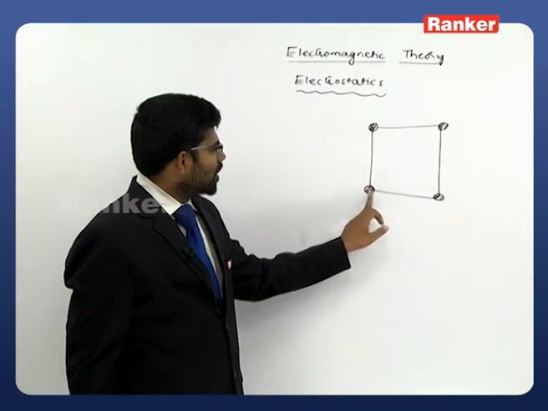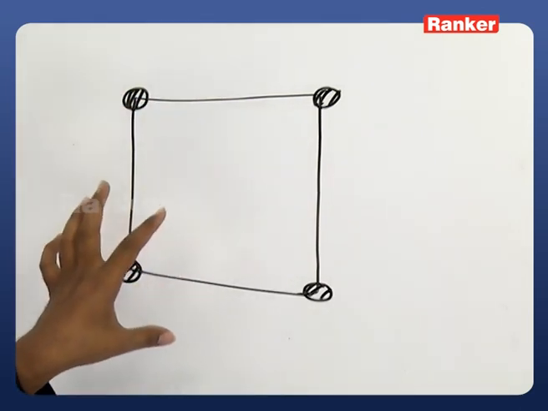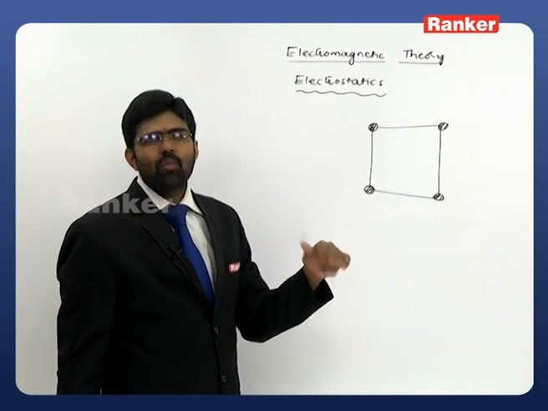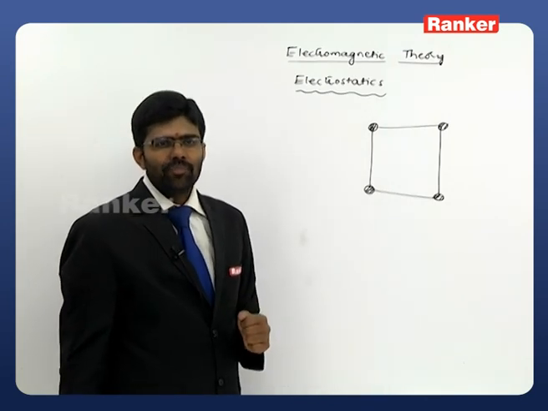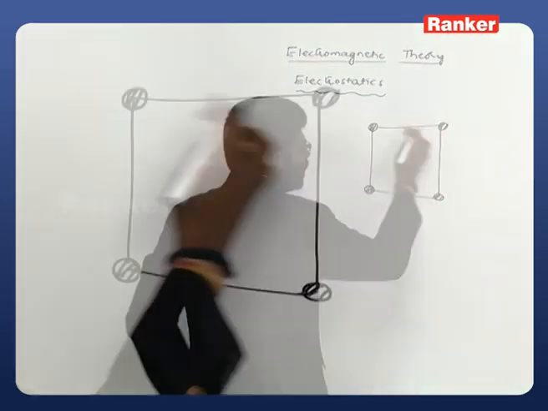Remember that the 4 charges were placed on the 4 corners of a square and this square was placed symmetrically on the YZ plane. Now what will be the total force acting at the center point of the square?